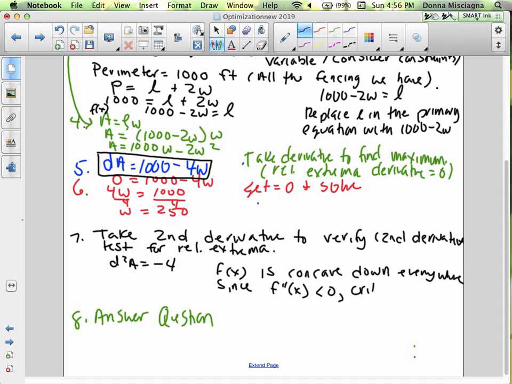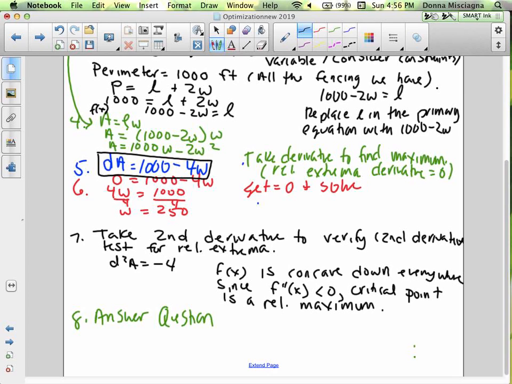I'm writing down the second derivative. That's not a critical point. So since f double prime of x is less than 0, our critical point is a relative maximum. Because I can't even plug it in, right? I've got a constant there. So that means that this is concave down everywhere.